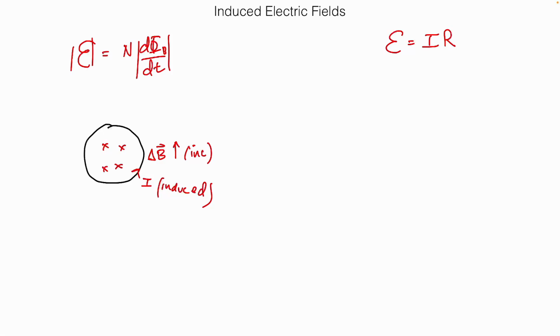So if the current's there and there's a voltage that kind of goes around this thing, what's the electric field in the wire doing? Also going in a circle. The electric field in this loop is a circle.